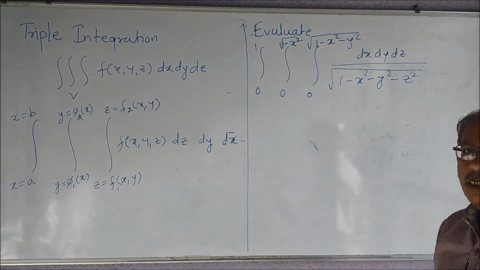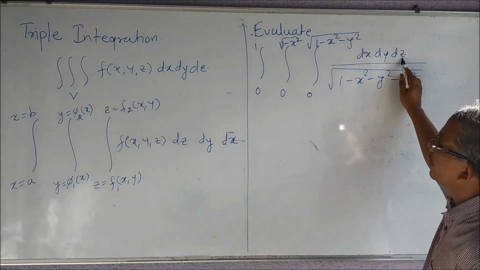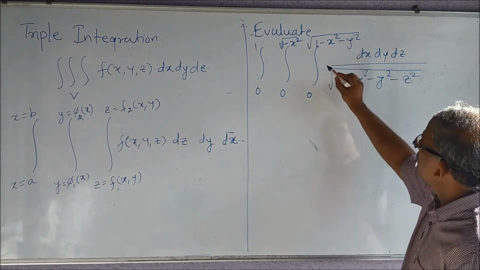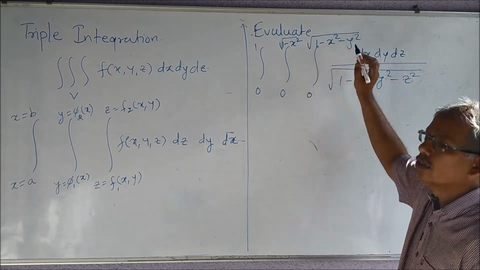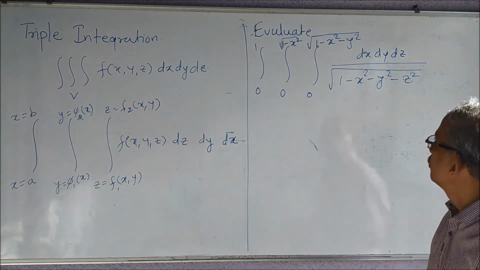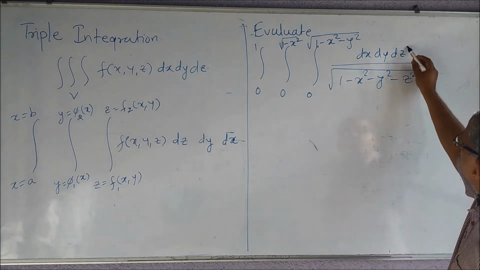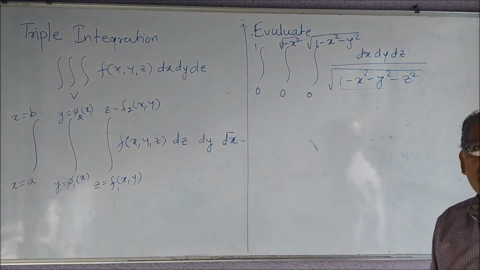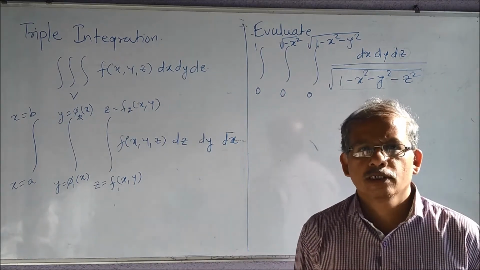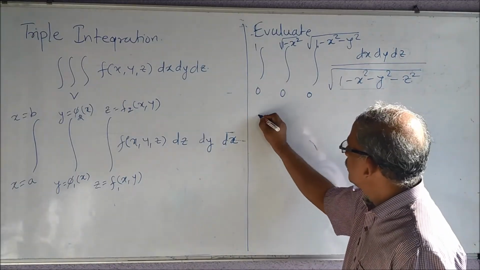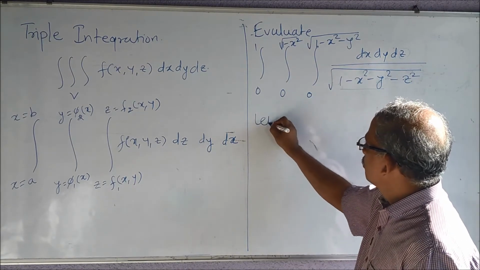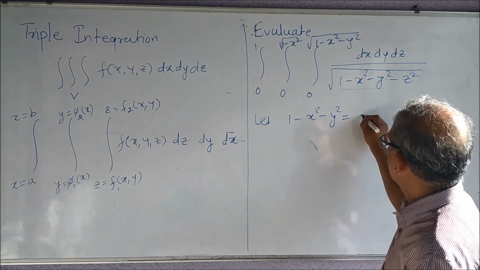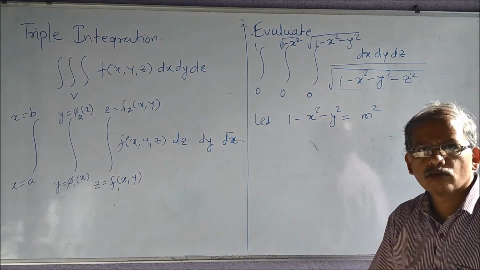Now see that the inner integration is with respect to z, right? That is what we have decided. So these limits are z equal to 0 to z equal to this. Now when I am integrating with respect to z, this entire factor will be a constant for me. So let 1 minus x square minus y square be equal to some m square, a constant.